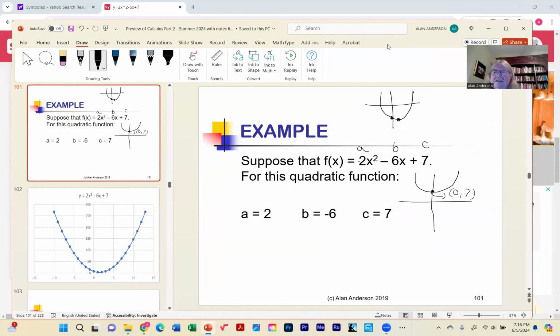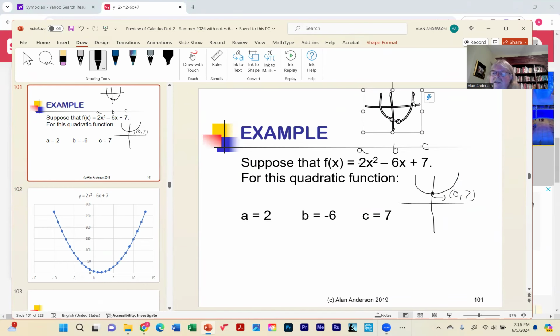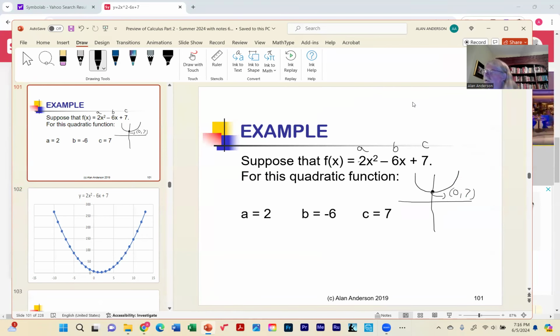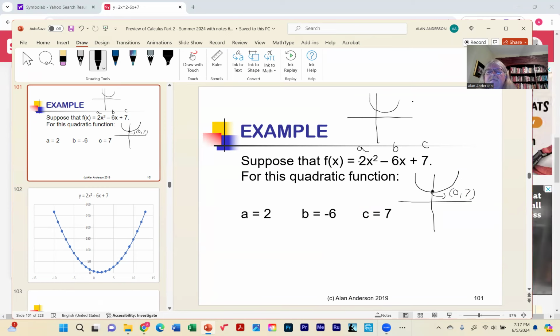No, but see the problem with this one is that it shows the intercept is negative when it's actually positive. So what we really want is something like this. That's the vertex. The intercept is 0, comma 7, but it's way over here somewhere. All right, now we're in good shape.